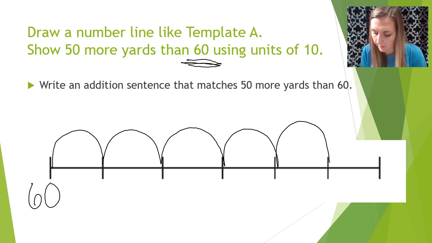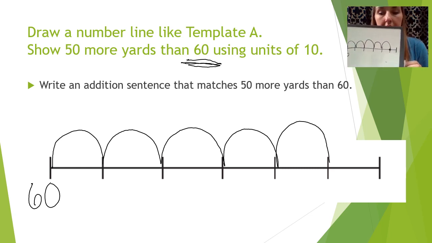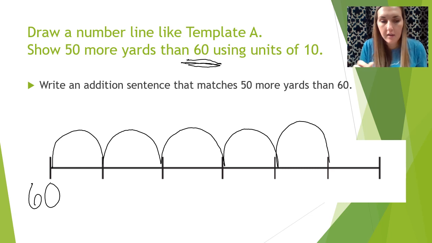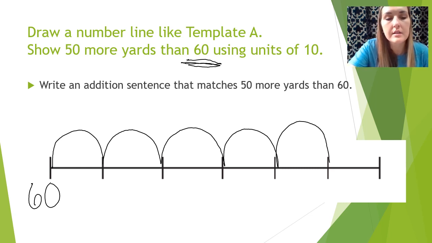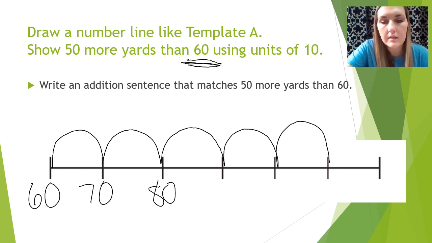Draw the jumps on your number line. Now we need to figure out what that stopping point is. Now we're going to go back through and count by 10 starting at 60. 60, 70, 80. See if you can count the rest on your own and stop when you get to this end point.